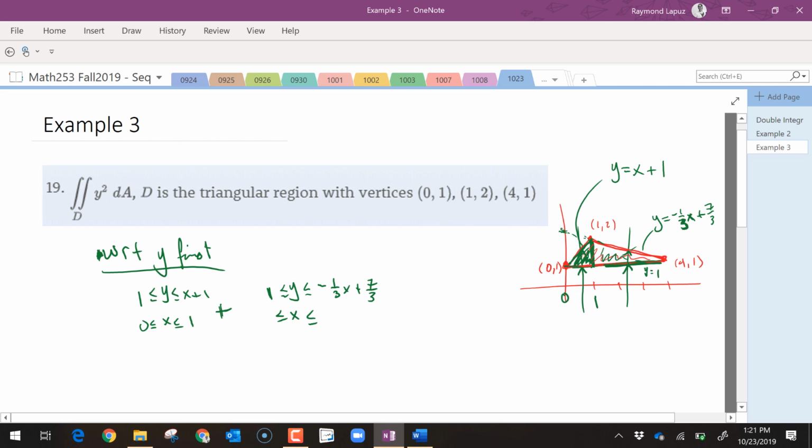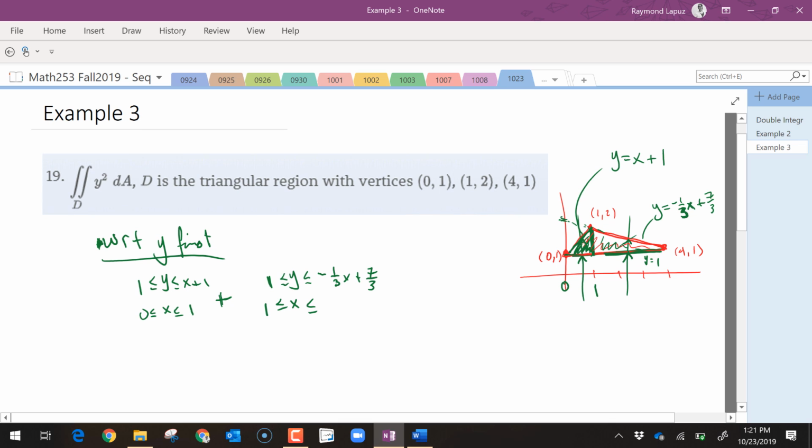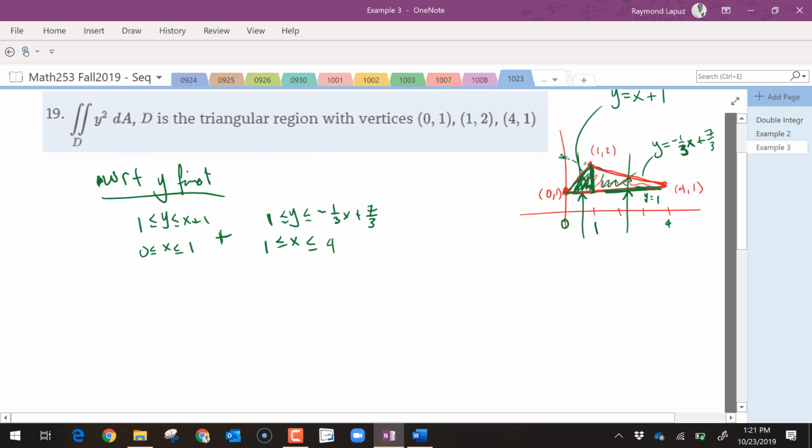And then my x is going to go from where to where? From 1 to 4. So if you paste these two integrals together, you would find the whole area. So you'll have a double integral of y squared dy going from 0 to x plus 1, and then dx going from 0 to 1.